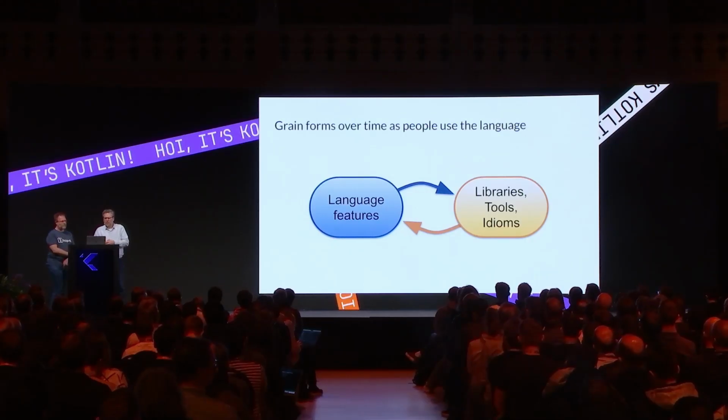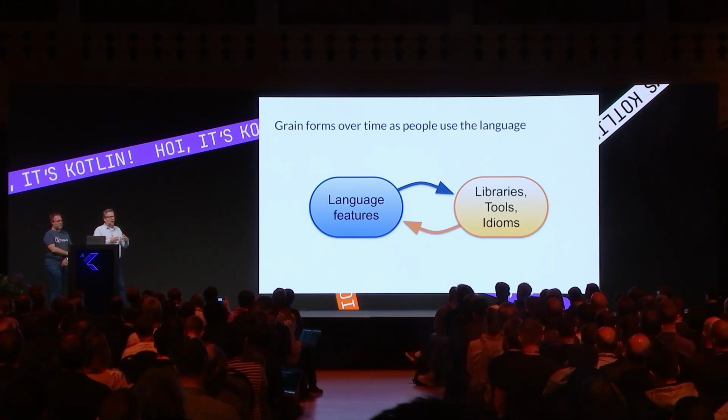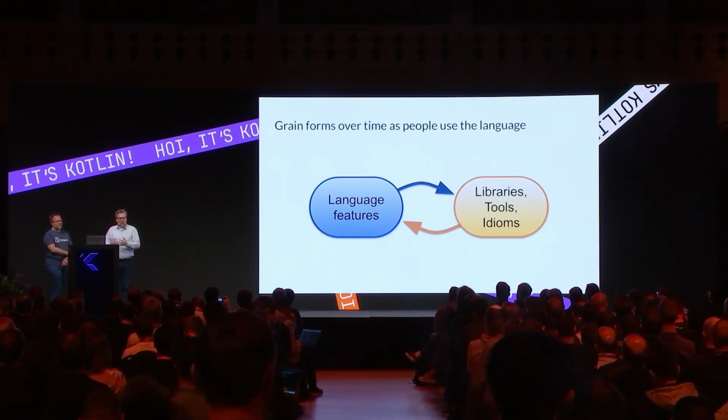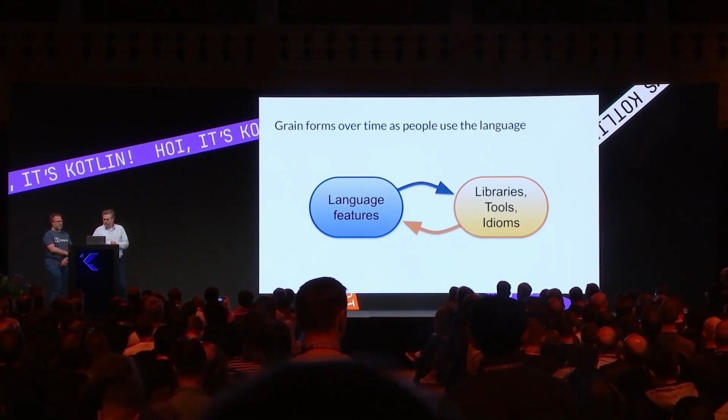And over time, some things in Kotlin became easier, and some things became more difficult to discourage what were seen as bad practices. So there's a feedback loop over time, forming the grain of the language, and therefore affecting the way that we work and the results we produce.